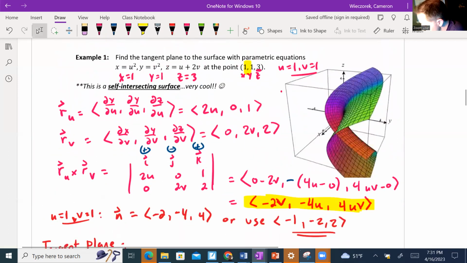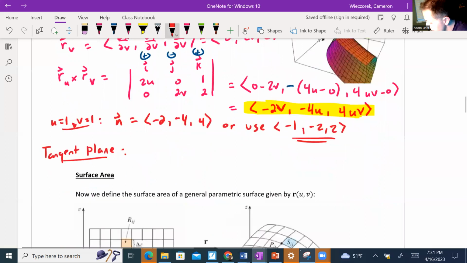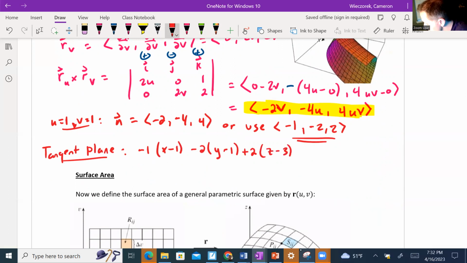So remember, how do we write the equation of a tangent plane from last semester? We take the normal vector and we dot it with x minus x naught, y minus y naught, z minus z naught, and those are orthogonal, so that dot product has to be 0. So if we expand that, we're going to get -1 times x minus 1 minus 2 times y minus 1 plus 2 times z minus 3 equals 0.